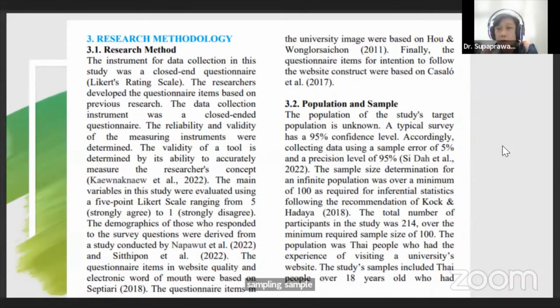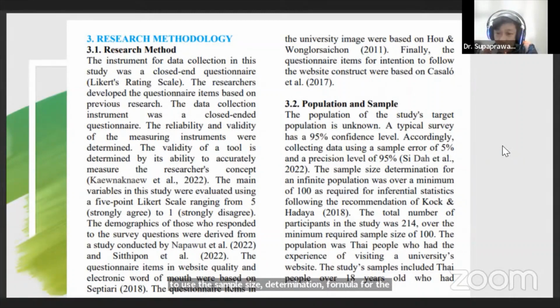If you use the definite population, you have to use the formula for calculation of the sample for a definite population. Contrastly, if you use the indefinite population, you have to use the sample size determination formula for the indefinite population. It's not the same.